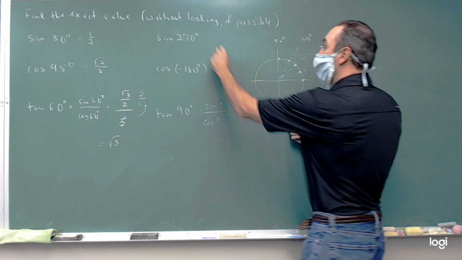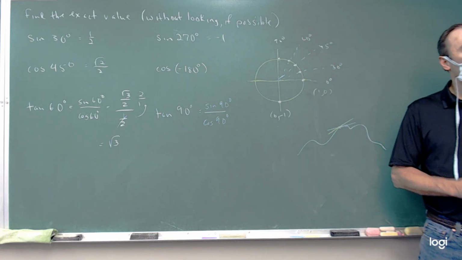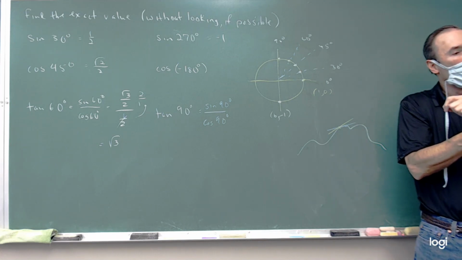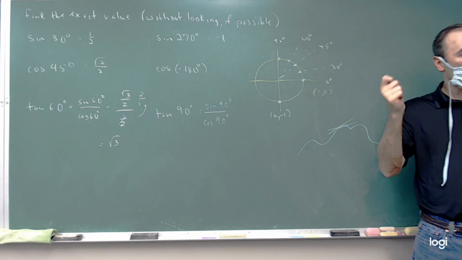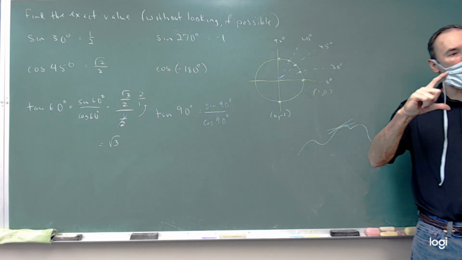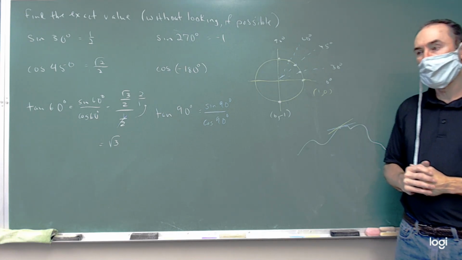So that's how we know that the sine of 270 is -1. And that's what we'll get at 90, 180, 270, and any multiple of those. It's going to put us right on those quadrantal angles where we know what the coordinates are. And the cosine is the x value and the sine is the y value.